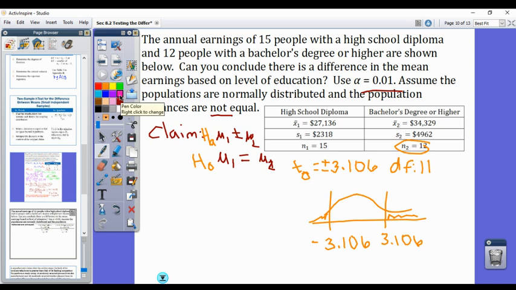Okay, so since our variances are not equal, we're going to be using the same formula to calculate our standard error like we did last time. So I'm going to write it down because that's what I like to do.